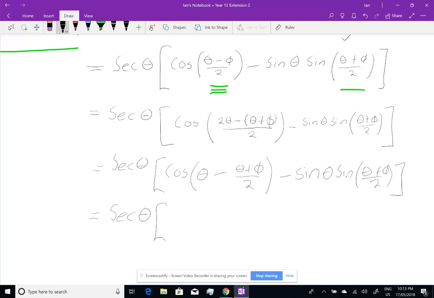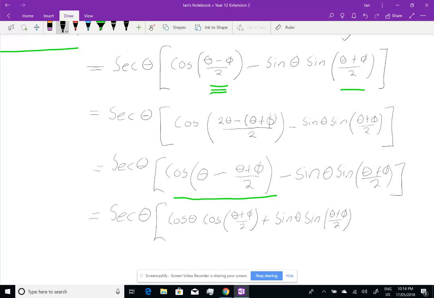So sec theta equals, right, now watch this. I'm going to write all of this here. So it's cos theta plus phi on 2. So cos plus sine theta plus phi on 2.